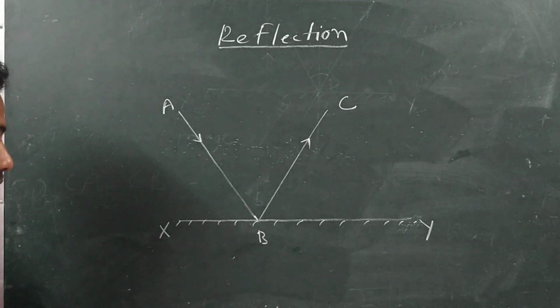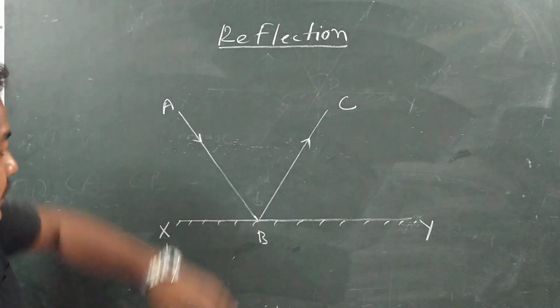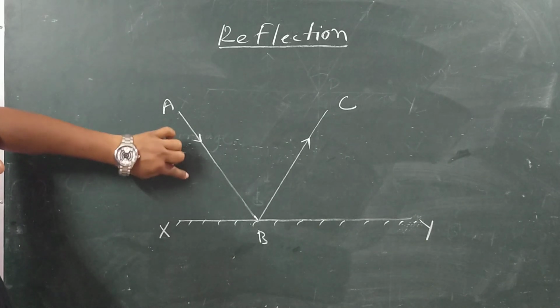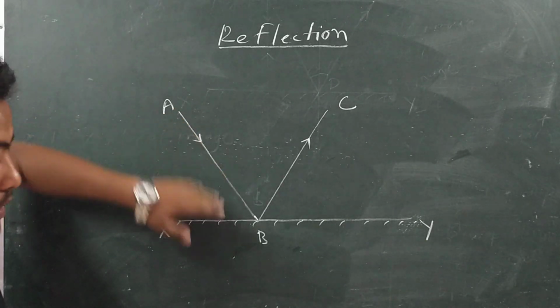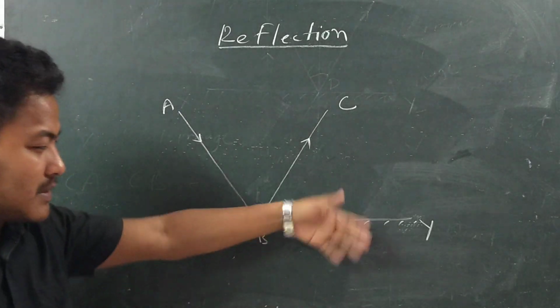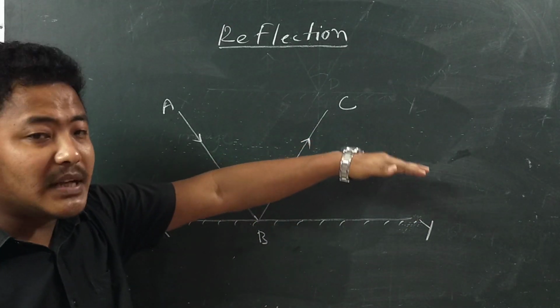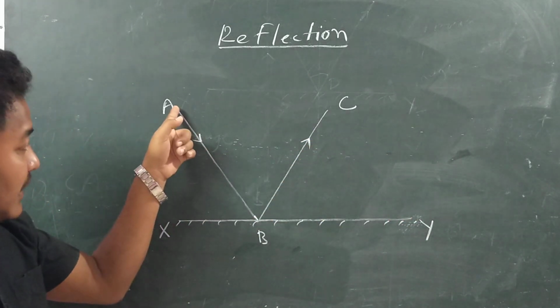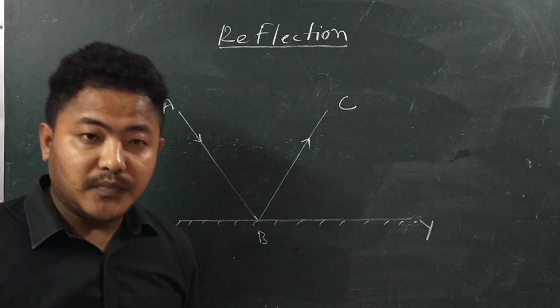Most important thing: in case of reflection of light, consider that the part above the reflecting surface is one medium, and the part below the reflecting surface is a different medium, maybe water or another medium. If you consider the upper part to be air, the ray of light came from the air medium and went back to the air medium.